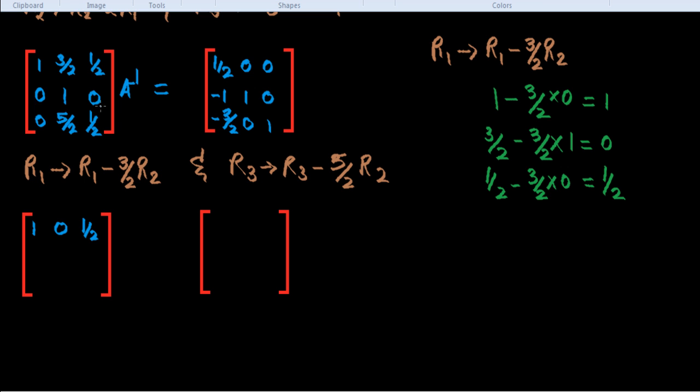The second row would be same because there is no transformation in this row. So we write as it is 0 1 0.